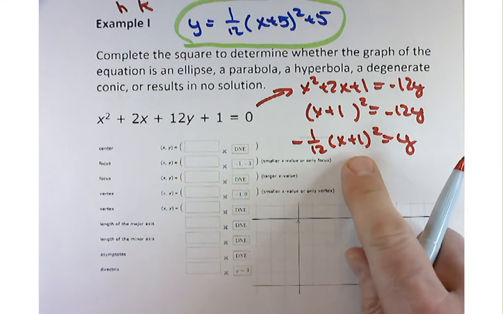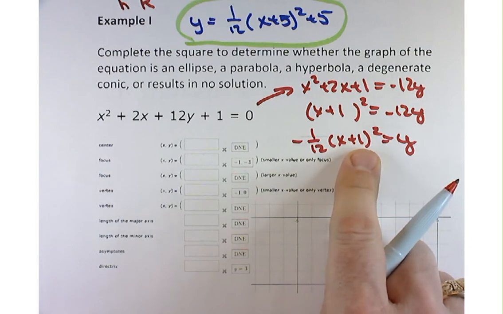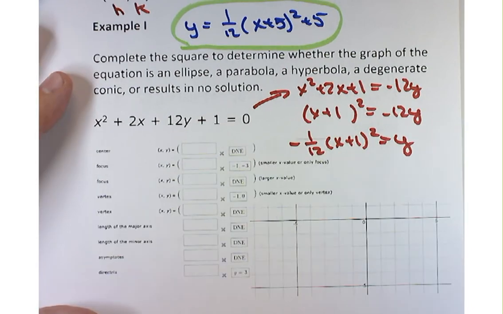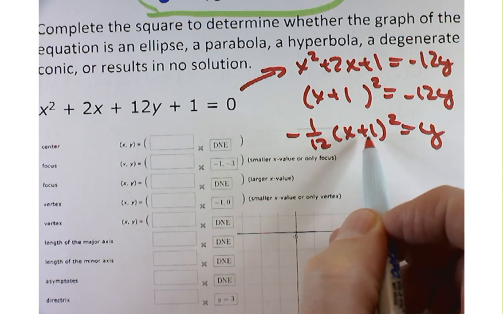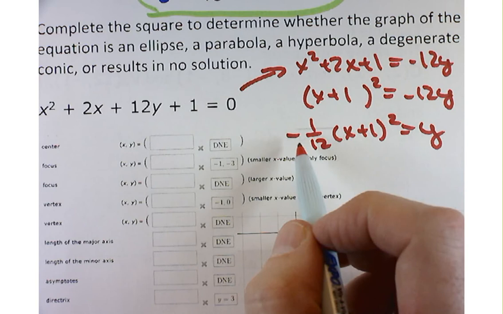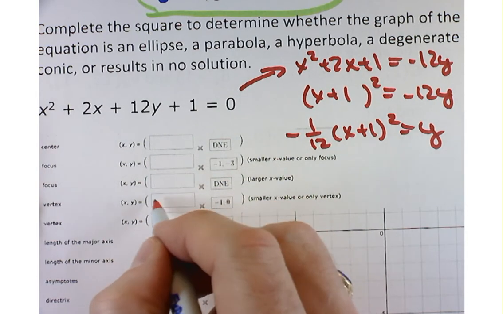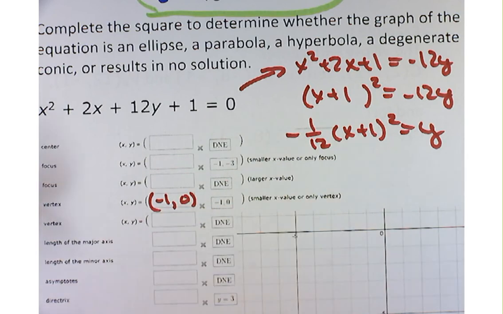For the vertex, start out by saying, what value of x would make the square term equal to 0? Negative 1. If I put in negative 1 here, negative 1 plus 1 is 0, squared is still 0, times negative 1/12 is still 0. So you put in negative 1 for x, and you get 0 for y. That's your vertex. And that's where I would start here.